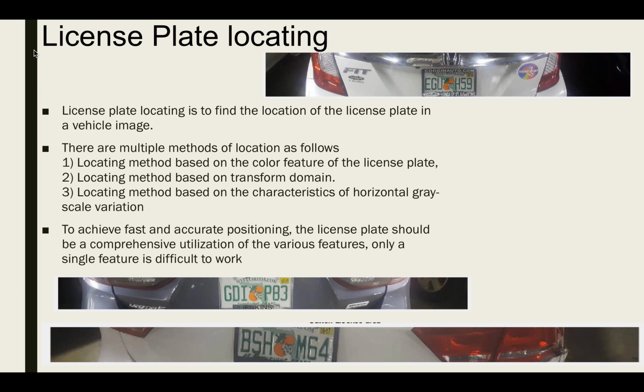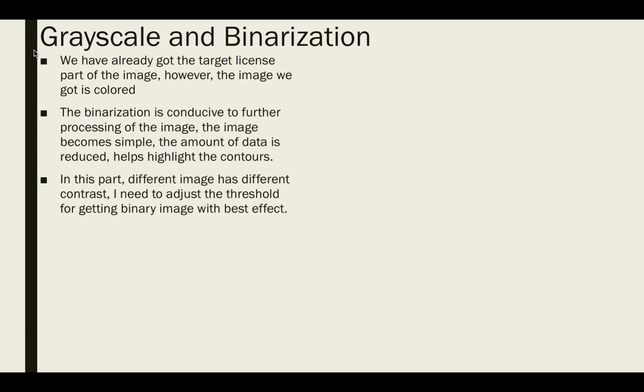As you can see, the license part is shown successfully, but the image we already got is colored, which means it will cost a lot of space and memory. So we need to grayscale that again.